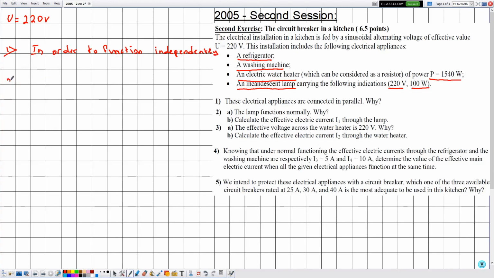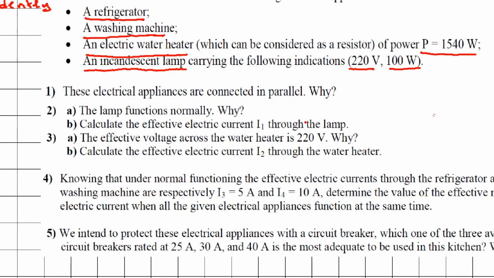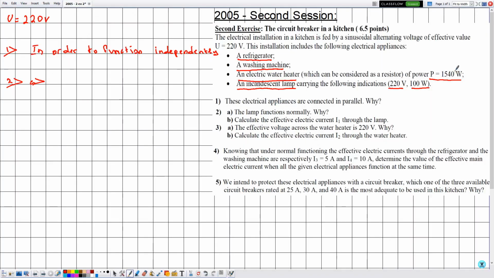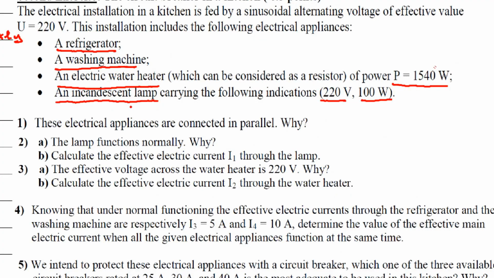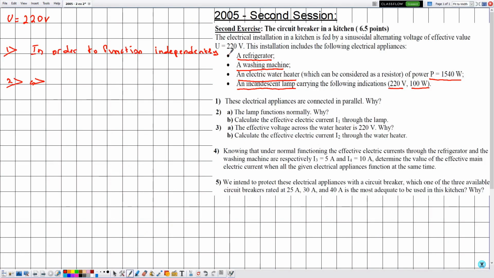Now in number 2, part A, they are telling me the lamp functions normally. Why? The lamp, they are talking about the incandescent lamp, carries the indication 220 volts. To describe the functioning of the lamp, we need to compare the rated voltage to the applied voltage, and in this case the applied voltage is 220 volts.